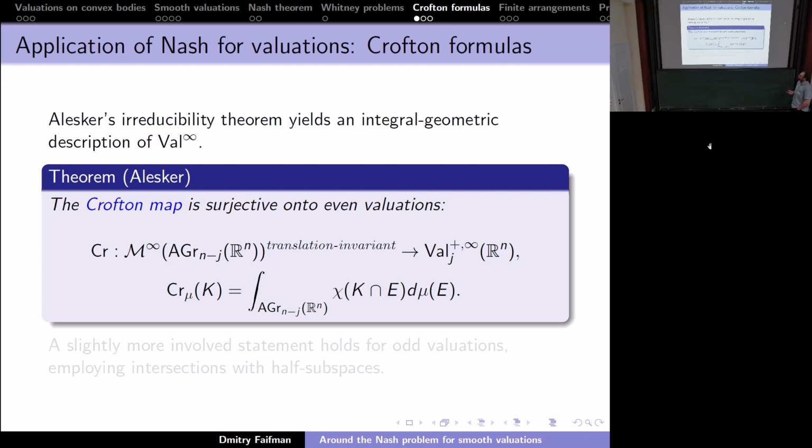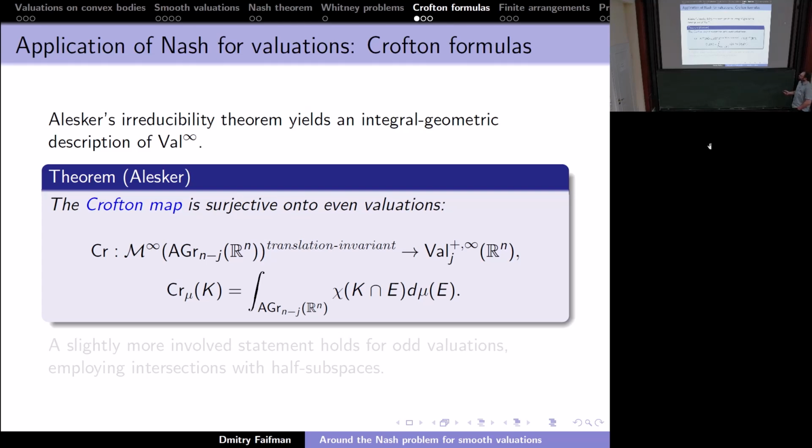The description is as follows. If you start with the affine Grassmannian of a certain dimension, and you look at smooth measures on the affine Grassmannian which are invariant to translations, then you can write a Crofton formula, which will give you a smooth j-homogeneous valuation.